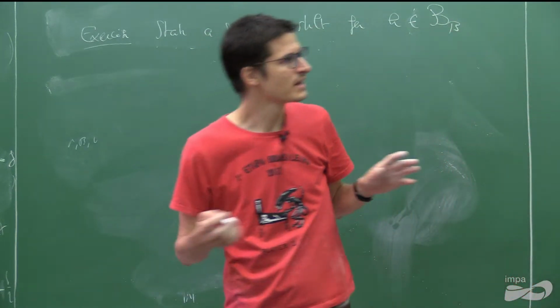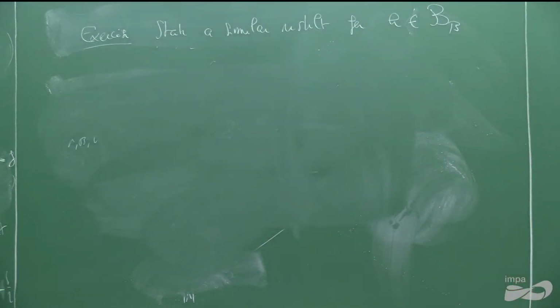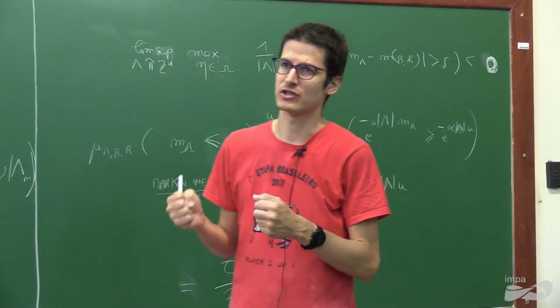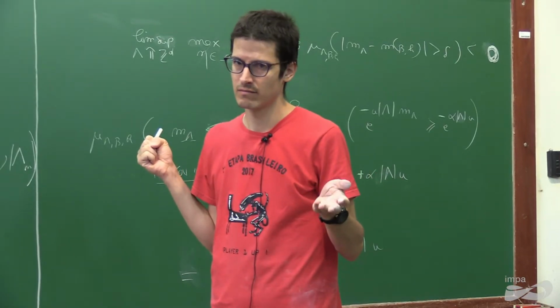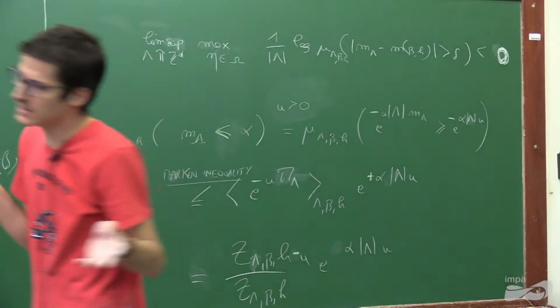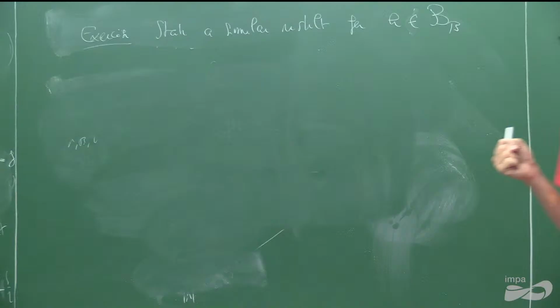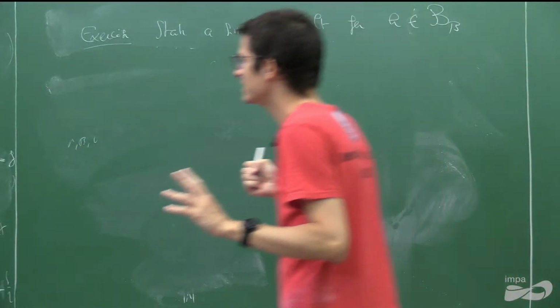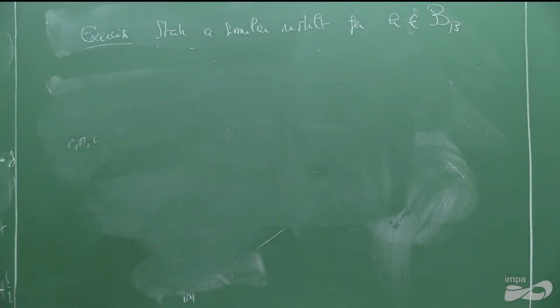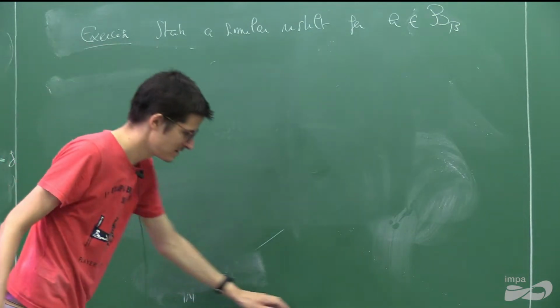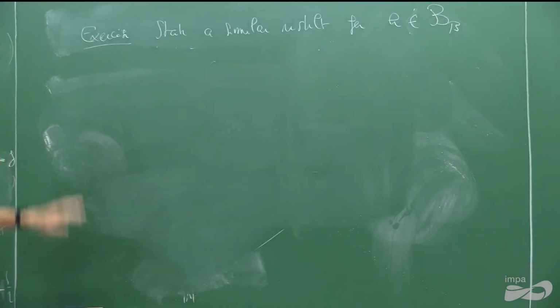Okay. I mean, basically, state the best result you can for the magnetization when f is not differentiable using the same technique. Okay? I mean, you see that here we have used the fact that f is differentiable. I mean, just in the end, so you can probably do something even when f is not differentiable. Okay, so this is the first remark.